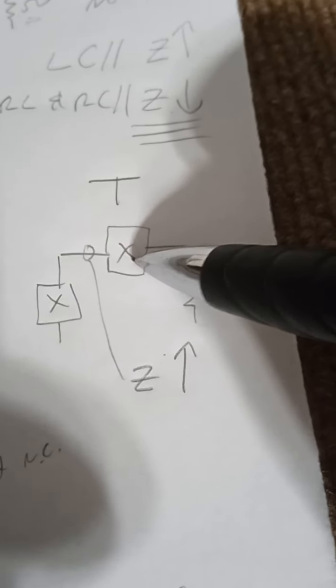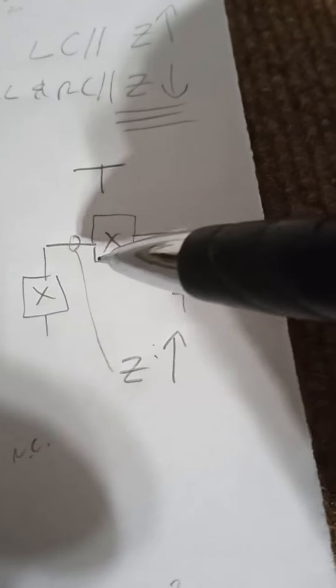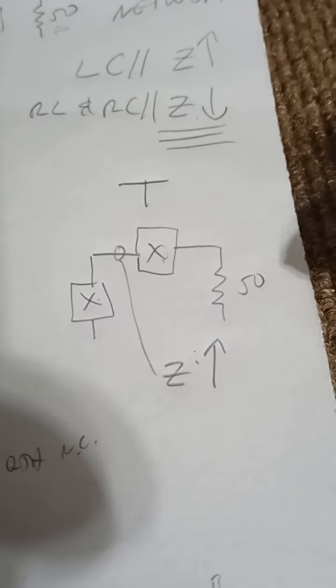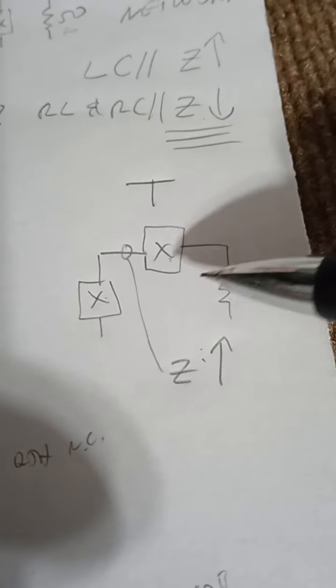In the T network, 50 is in series with a reactance, and the impedance goes up because it's a series network. That is combined with that, R plus X, changed to an admittance. That's made an admittance, and this was the example I did in the two previous videos.